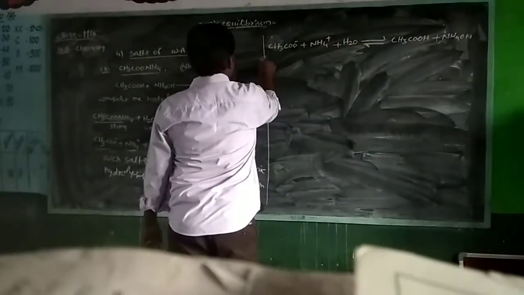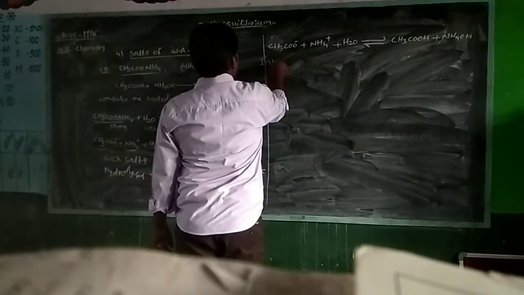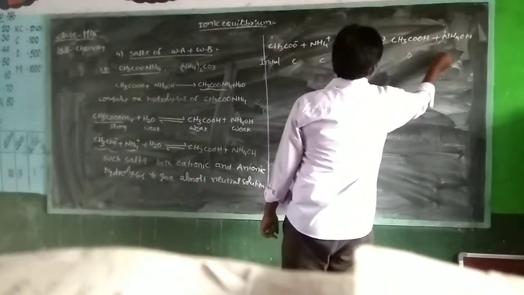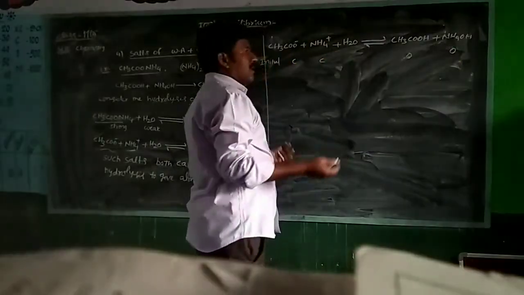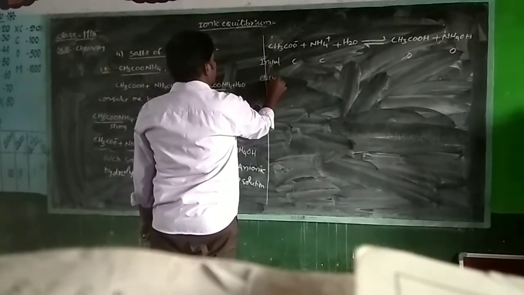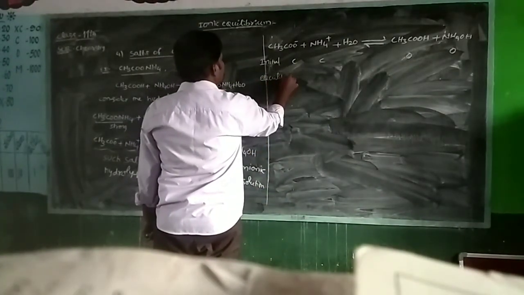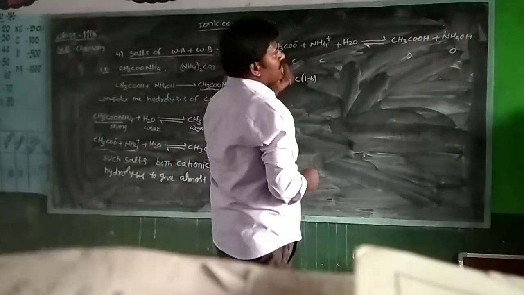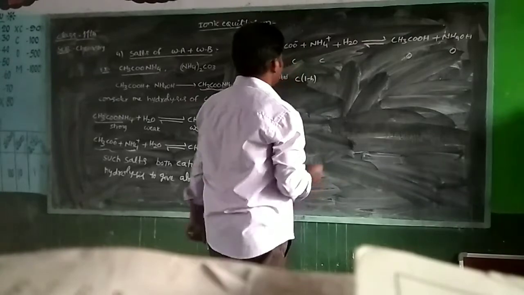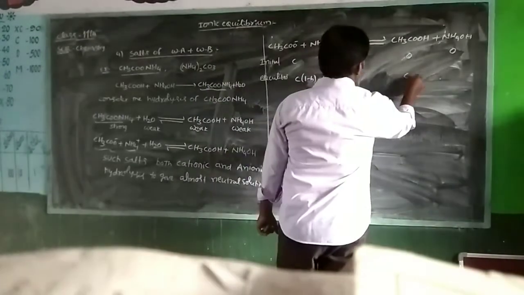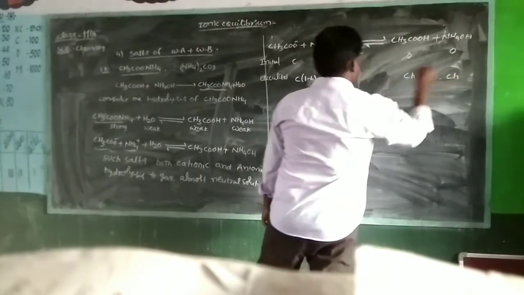At the initial time, the concentration is C, and the products are 0, 0. Reactants are not yet converted into the products. At equilibrium, it is C into 1 minus h, where h is the degree of hydrolysis, and the products are C h, C h.